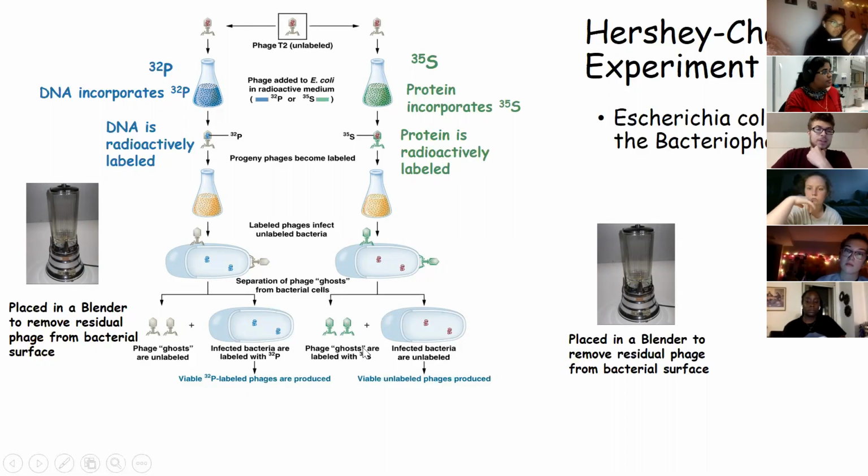So to clarify, the phage is just like the protein shell, right? Mm-hmm. Gotcha. The phage ghosts are essentially the shells without their genetic material in them. Does that make sense?